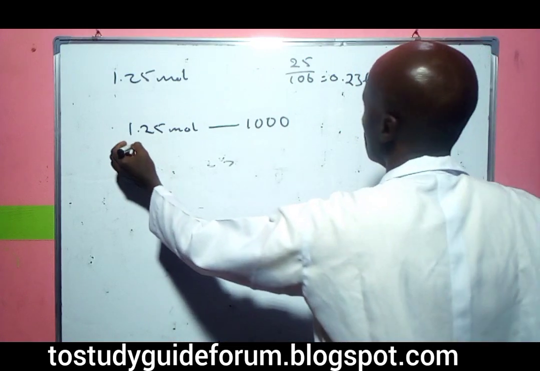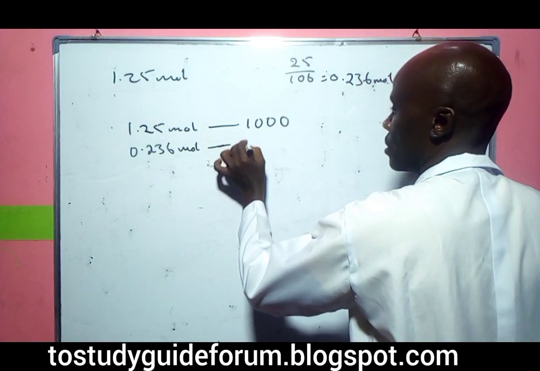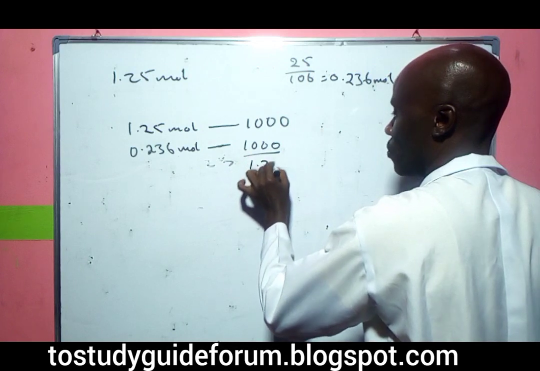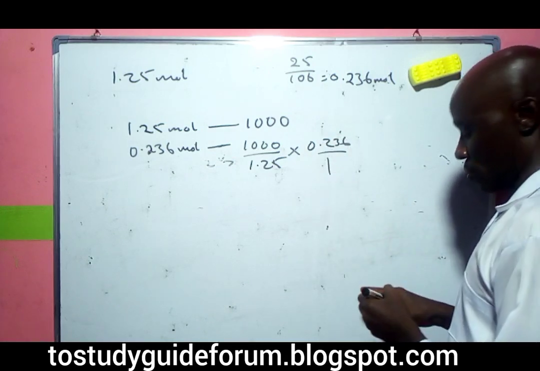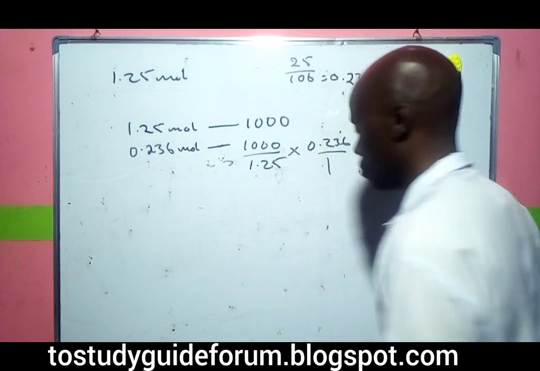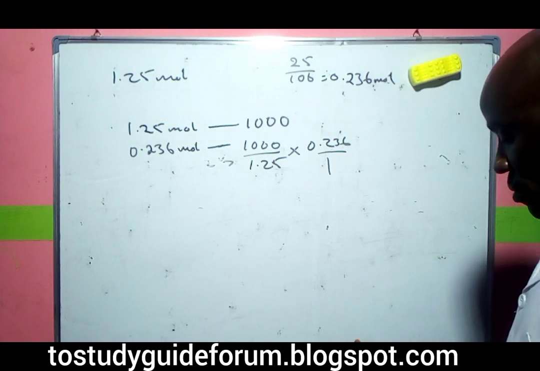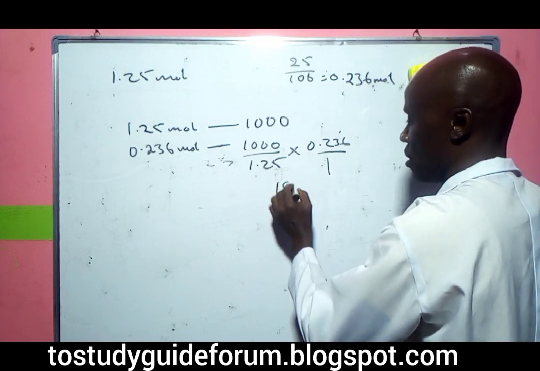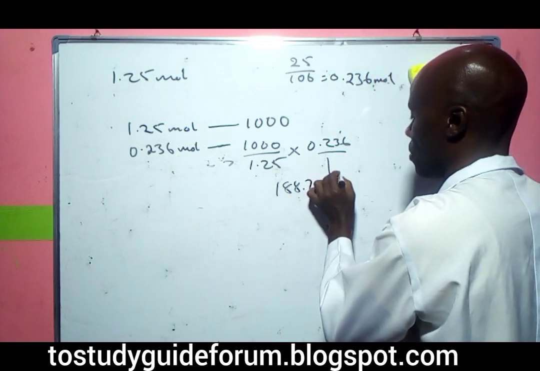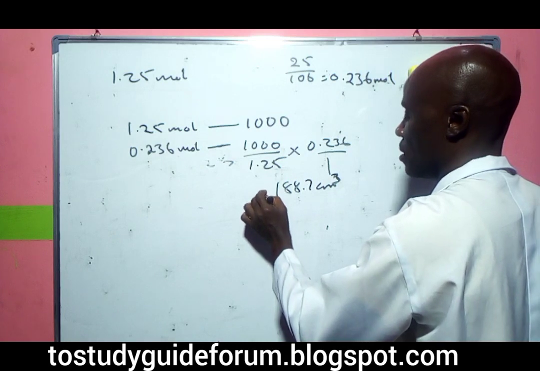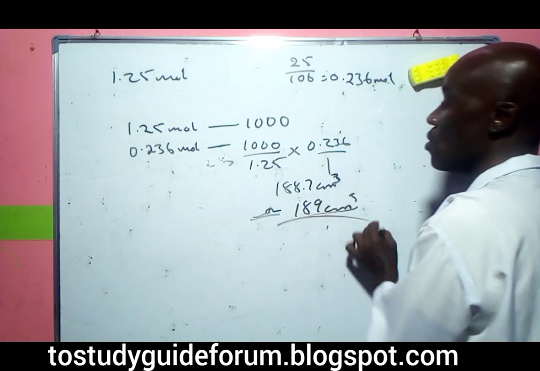So 0.236 mole will be the same as 1000 over 1.25 times 0.236 over 1. Divide by 1.25, so the volume will be 188.7 cm cube, or approximately 189 cm cube. So that's it.